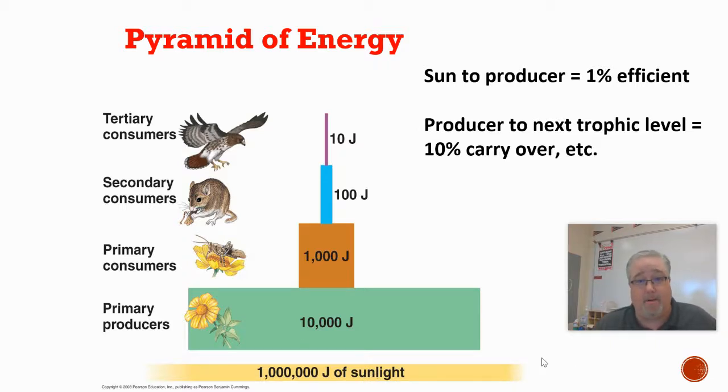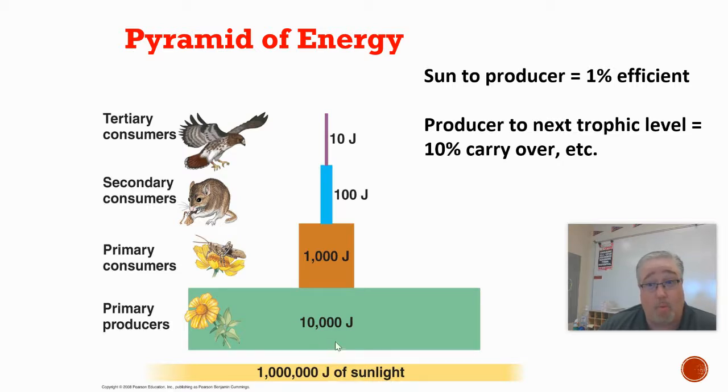But you might remember from our video on primary productivity, only about 1% of that energy actually is absorbed by those producers. So if you've got 1,000,000 joules of energy, 1% of 1,000,000 is 10,000.